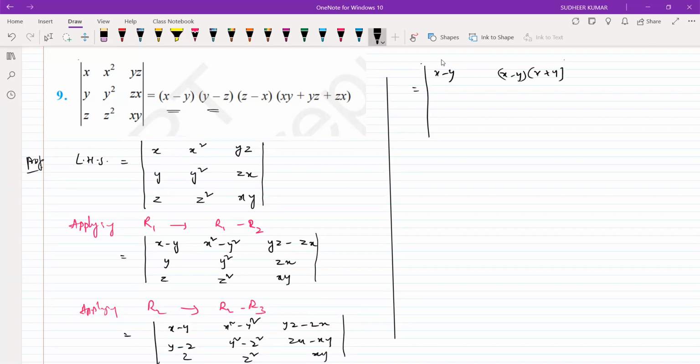But only x minus y we can take common, right? So taking minus z common, we get x minus y. The next one is y minus z into y plus z. And the next one, x common, z minus y, so taking minus x common, we'll get y minus z. The other row remains the same: z, z square, xy.